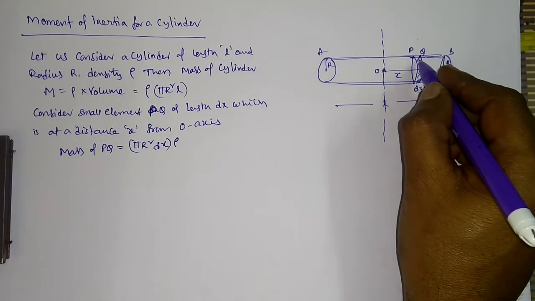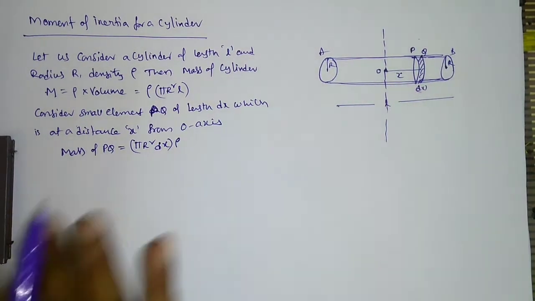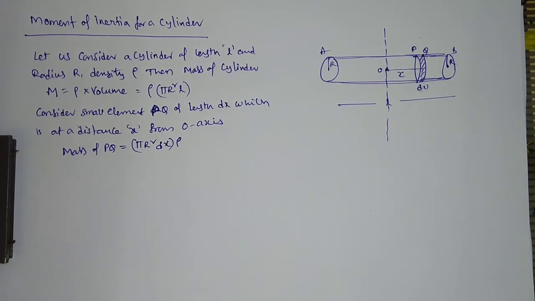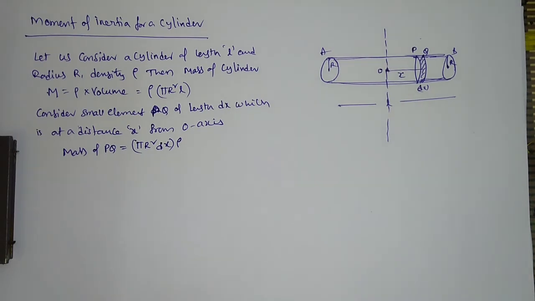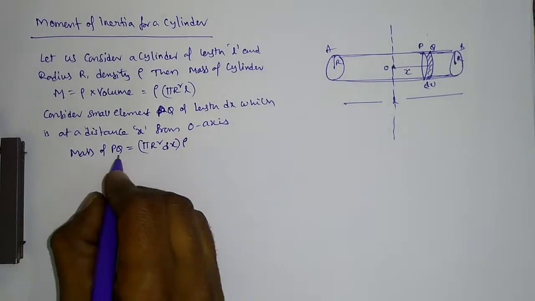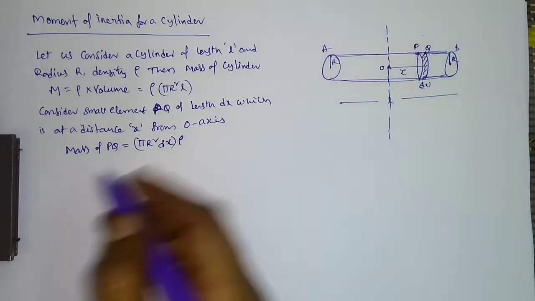As we know, if it is a circular disc, in the previous derivation we found that the moment of inertia of the circular disc along any diameter is mr square by 4. Same thing you can apply here also. This total element PQ can be considered as a circular disc.